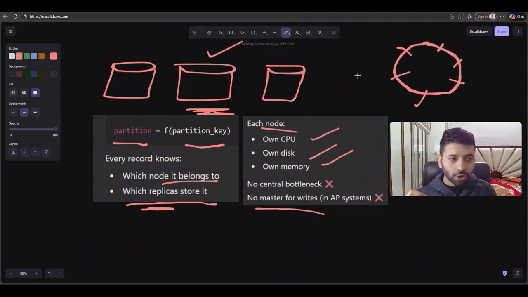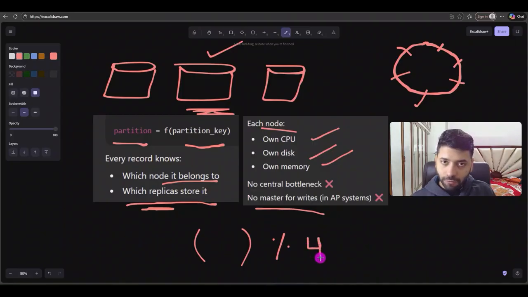I'll create a separate video on that. But if I have to tell you in summary, consistent hashing is really helpful when you have to add or remove a node, because if you use a simple hashing technique, it would be something like your partition key and you do a modulus with the number of nodes. Say earlier the number of nodes was 4. So your hashing method will be something like this: this is your key and you do a modulus with the number of nodes.